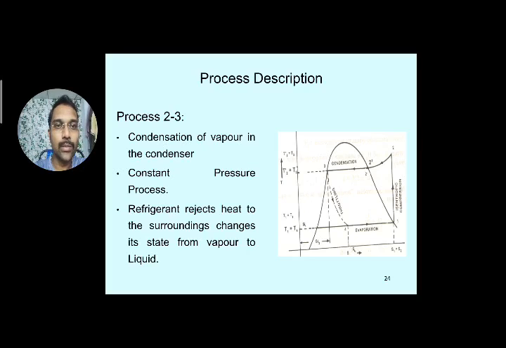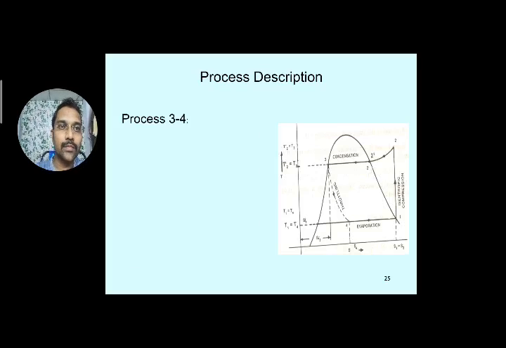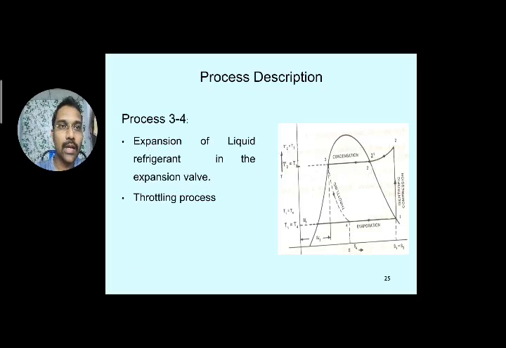That is a condensation process, a constant pressure process that takes place in the condenser. We'll see what 2 to 2 dash and 2 dash to 3 are clearly in the analysis. First we will discuss the process here.